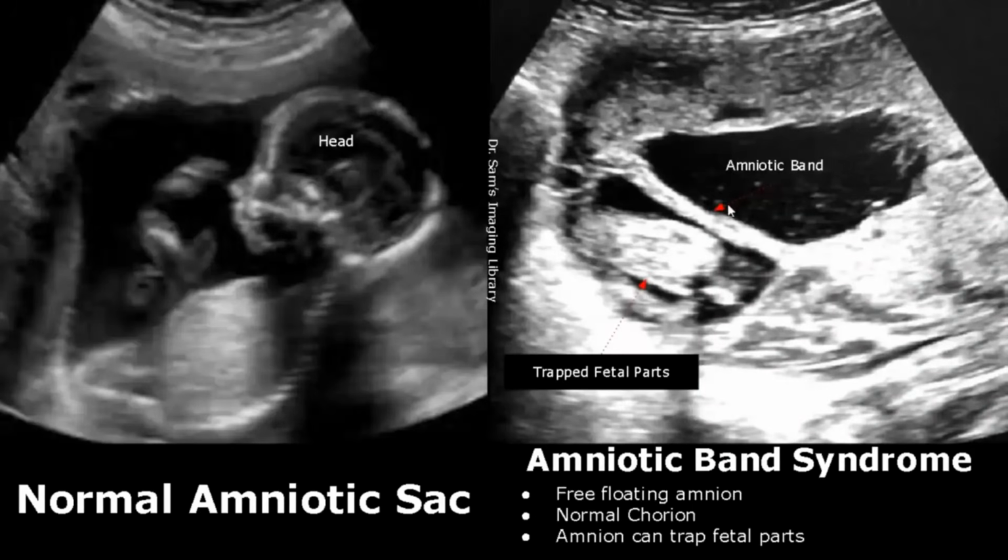Amniotic band syndrome occurs when the amnion is disrupted from the chorion and is able to float around freely. This free-floating amnion may trap any fetal parts. This can cause deformities in the trapped part and can even lead to fetal demise.